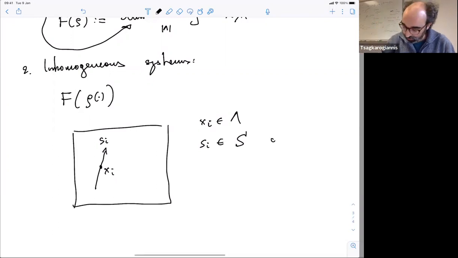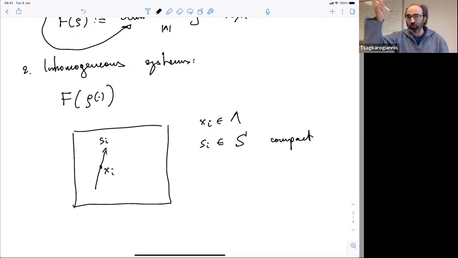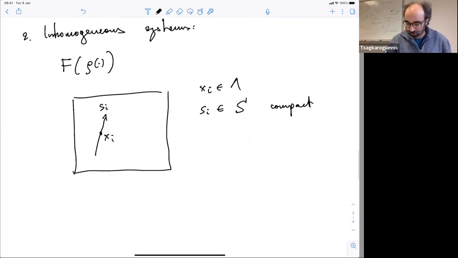So let's take it compact for simplicity. So you can think there's two spheres. My orientation, and I can also take modulo the opposite direction. So I only take the line. So I can write the same things as in the homogeneous case.